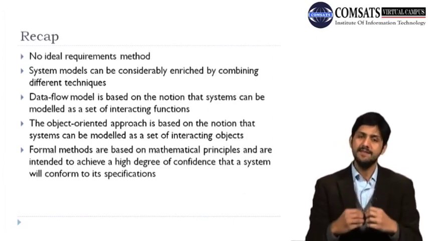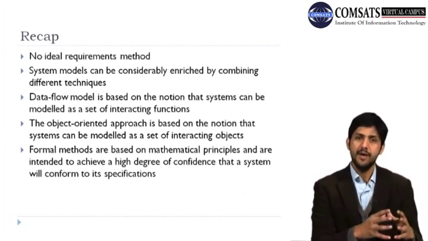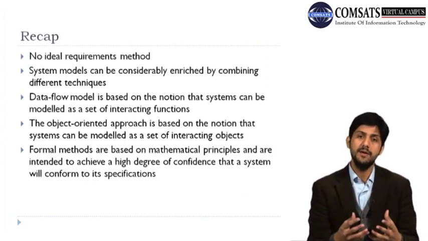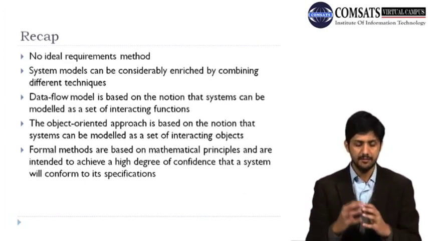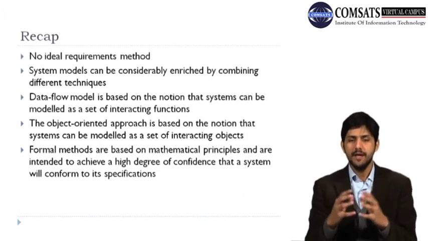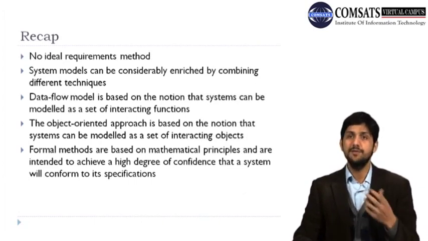Then we looked at the same example decomposed using the object-oriented approach, and we identified different classes, their attributes and operations, and how these classes interact with each other to make a functional system. We know that there are lots of problems with these methods of requirement engineering.